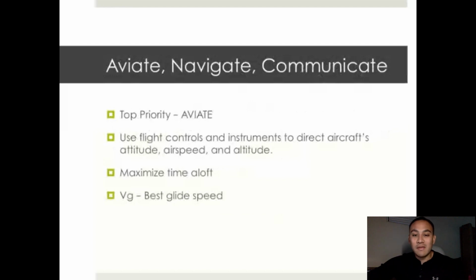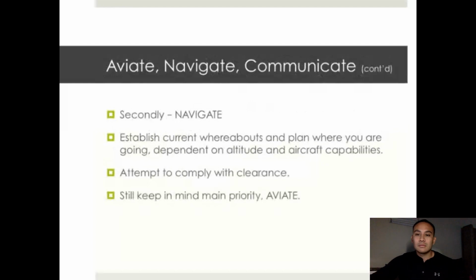In order to aviate accordingly and properly, you're going to use your flight controls and instruments to direct the aircraft's attitude, airspeed, and altitude. If the engine is no longer working and you're just flying a dead stick, you have to maximize your time aloft depending on your altitude. And in order to do that, you have to know your specific aircraft's VG, which is your best glide speed.